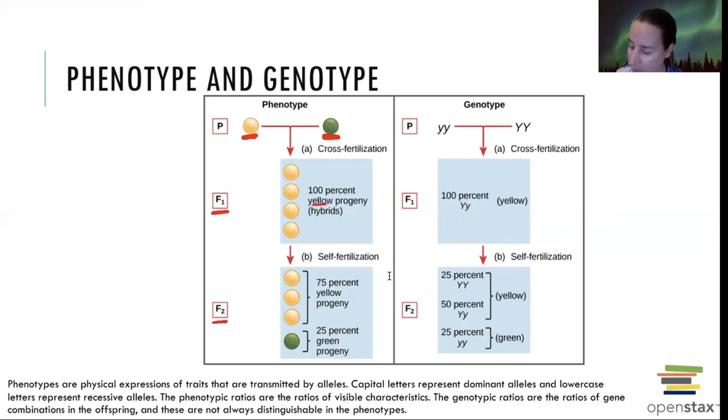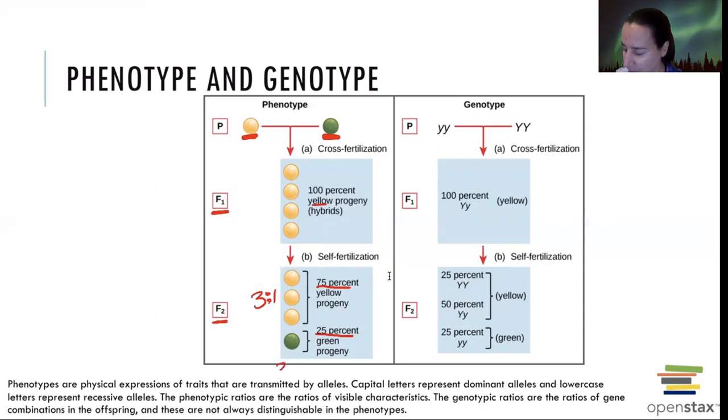And we end up with 3 yellows and 1 green, or a 75-25 split out of the group, or a 3-to-1 ratio, 3 yellows to 1 green, little p. So these are the phenotypes.